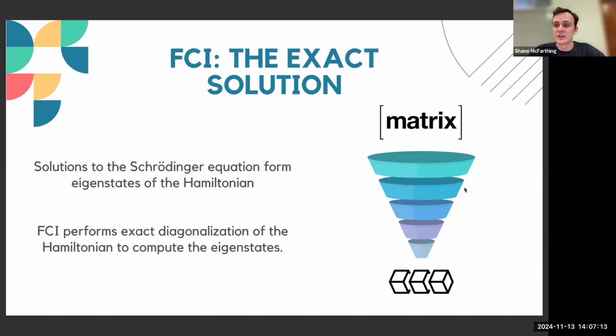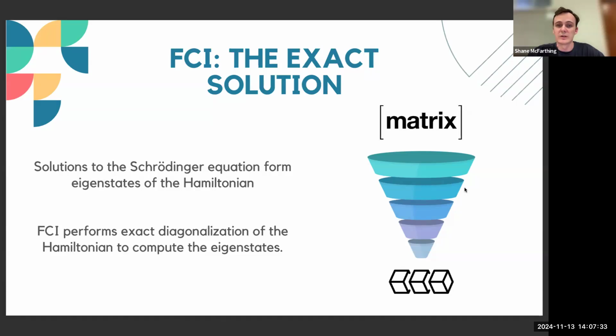that there's a lot of computational cost in performing the exact diagonalization of this matrix. The number of configurations in the system, the number of possible states that we're trying to consider, scales exponentially with both the number of electrons and the number of orbitals.